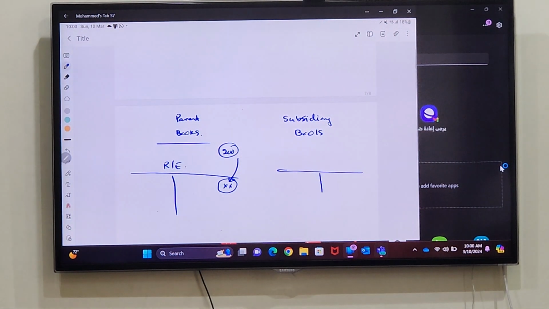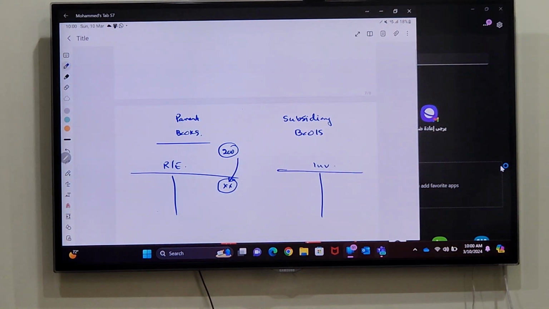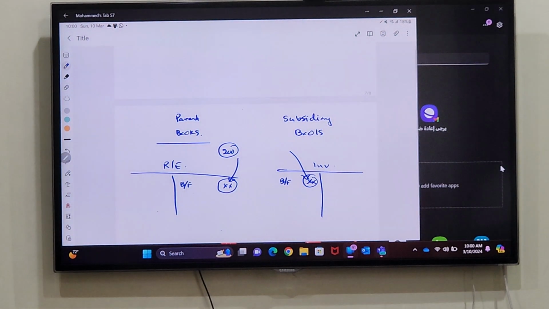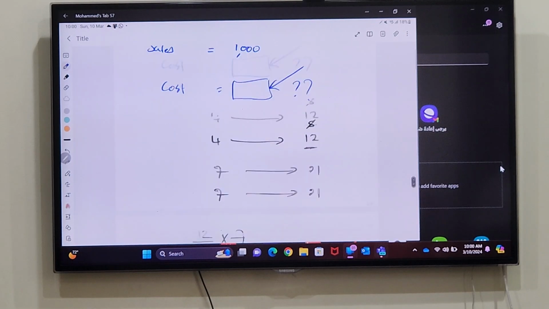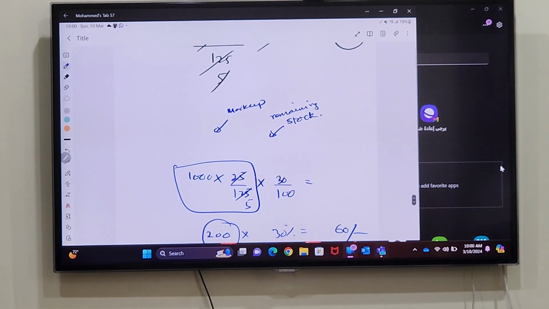In the subsidiary books, I have inventory. That inventory balance already included that 300. Correct? Because we said that 30% of the inventory is still with them. But they have shown it at selling price to the group. We should reduce it down to cost.